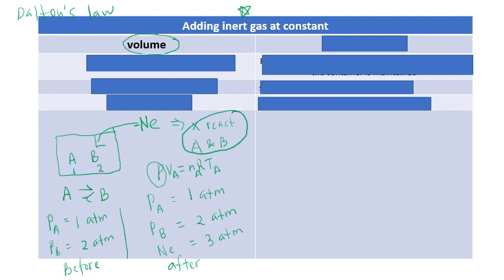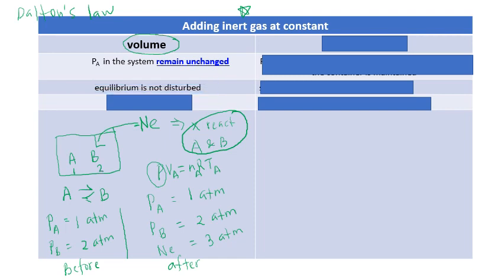So when we add inert gas at constant volume, the partial pressures remain unchanged, the equilibrium system is not disturbed, and there is no effect on the equilibrium position.